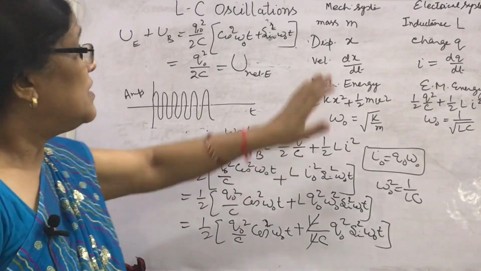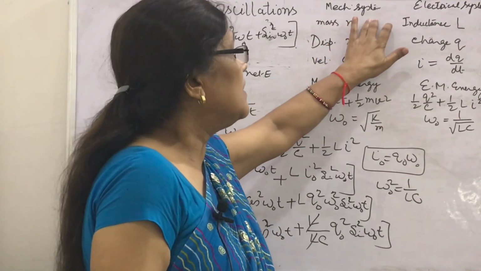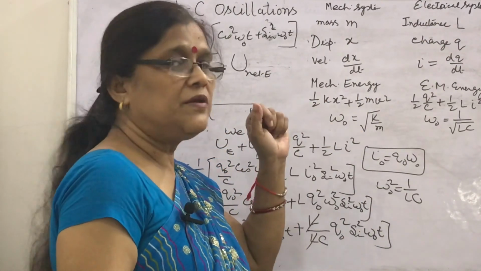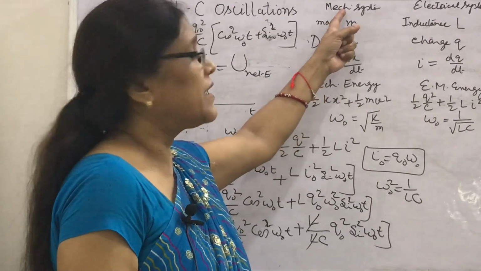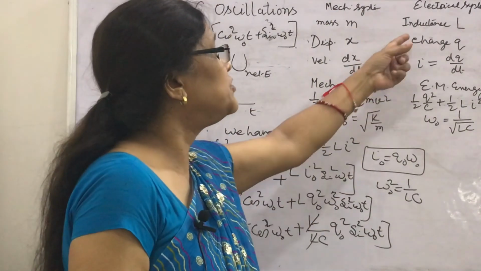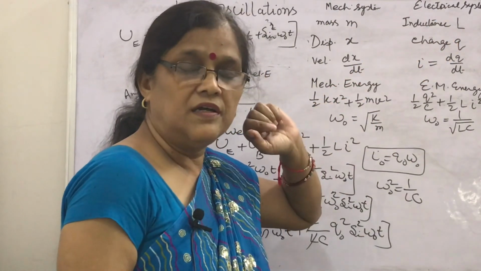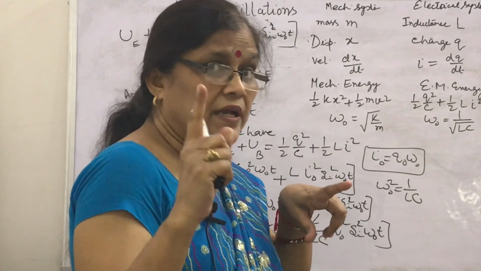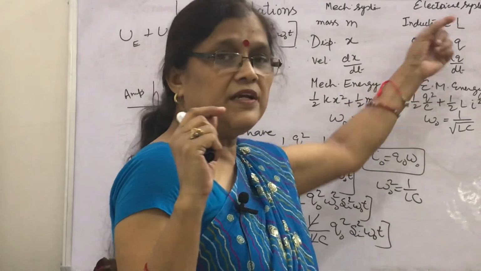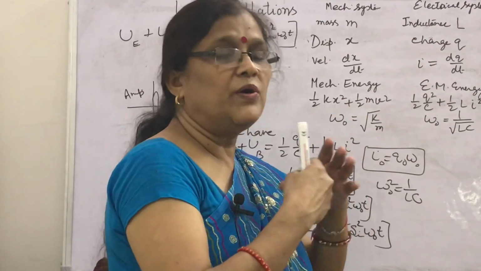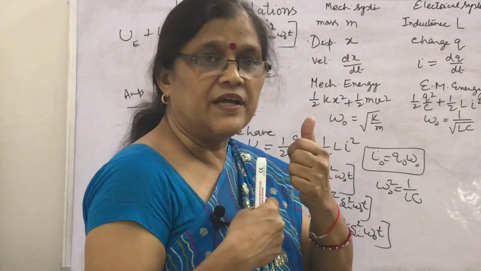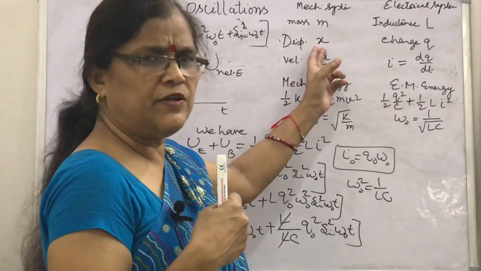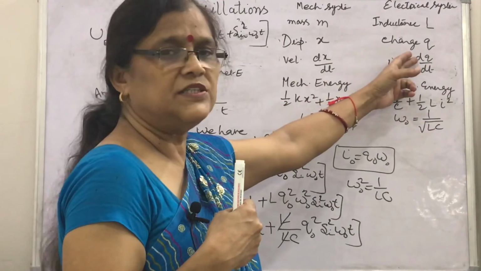You have to learn this mechanical and electrical analog table. What I mean to say is that the role of mass in a mechanical system is the same as the role of inductor in an electrical system. I told in my videos on electromagnetic induction how the inductor opposes the growing current and supports the decaying current. Similarly, displacement x in the mechanical system is q here.